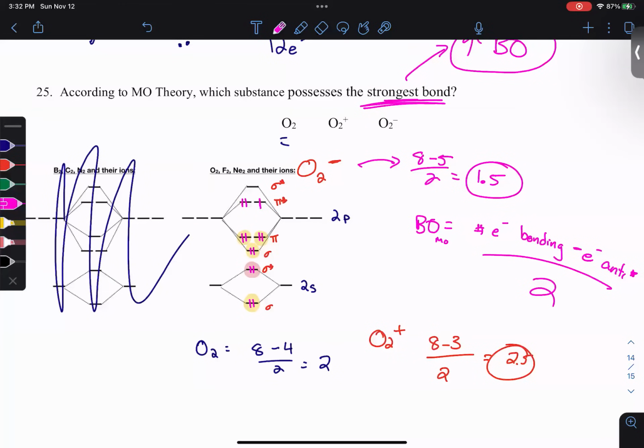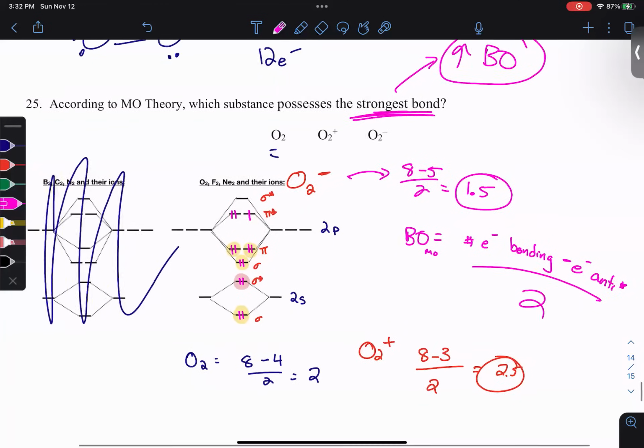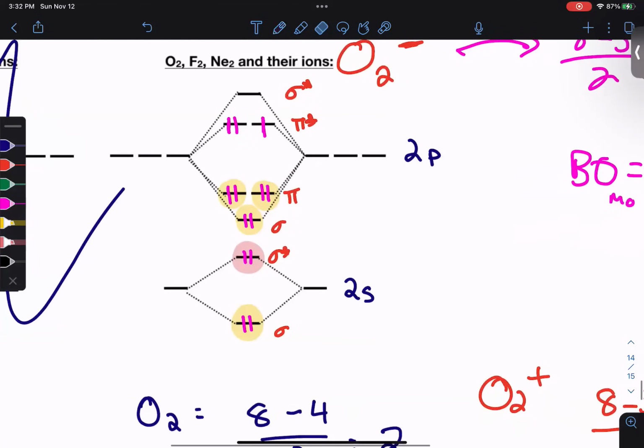And there's a question here about para or diamagnetism. This question could easily be asked about para or diamagnetism. If we go back to this diagram, I don't actually have spins present, but neutral oxygen has 2 unpaired electrons in its pi star, and the presence of unpaired electrons makes diatomic oxygen paramagnetic.